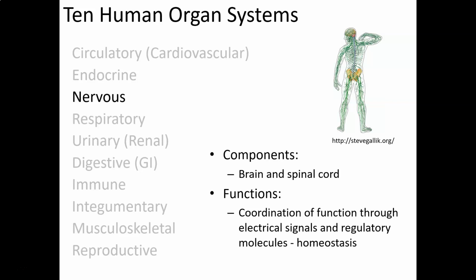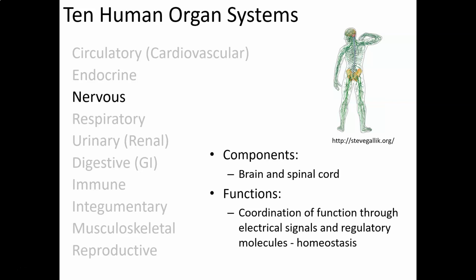So what's the function of the nervous system? It's to coordinate function through electrical signals and regulatory molecules and help to maintain homeostasis. And we'll look at the function of the nervous system from a very basic standpoint when we talk about it. So sensory, being able to sense things, is an important component of the nervous system.